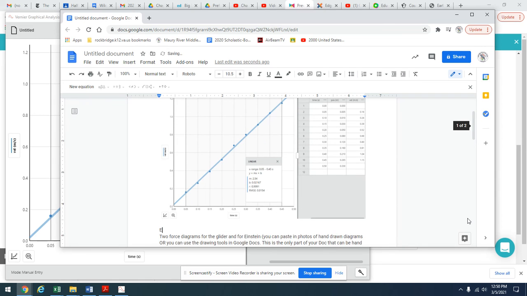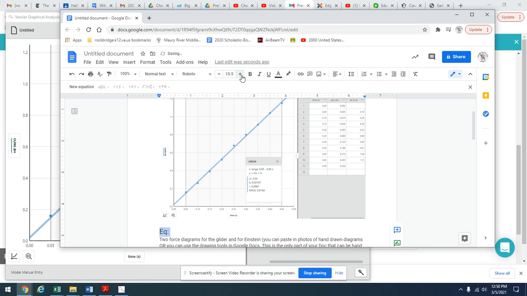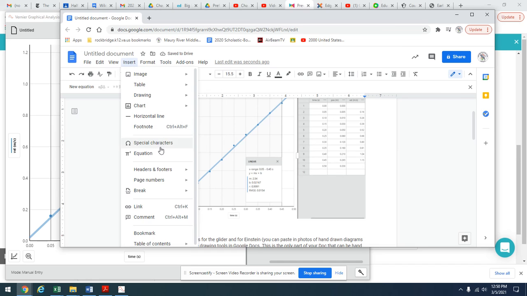and do my equation here, which would be velocity. That's what I'm on my y-axis here. And let's blow this up. Font equation. Velocity is equal to, you know what? I think I'm going to go and do this as an equation too, because that will look nicer.